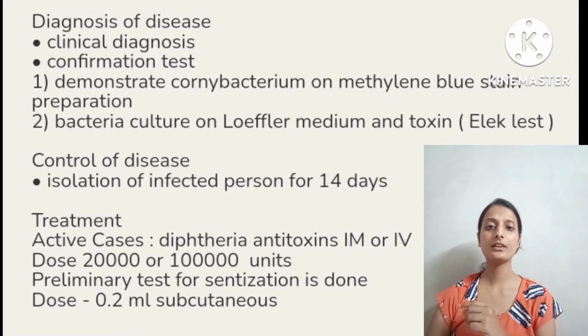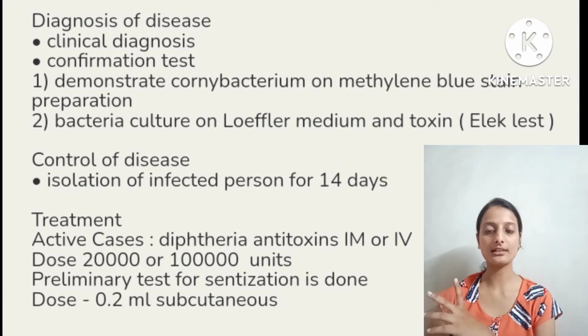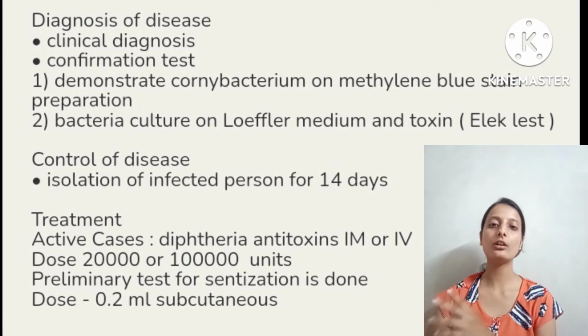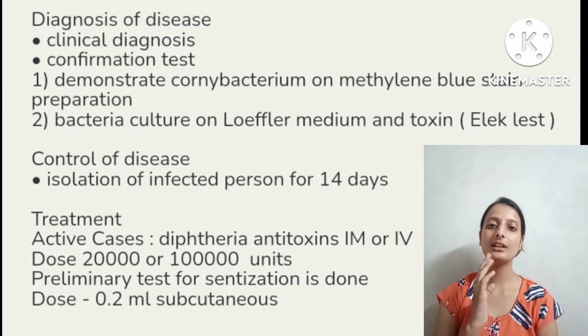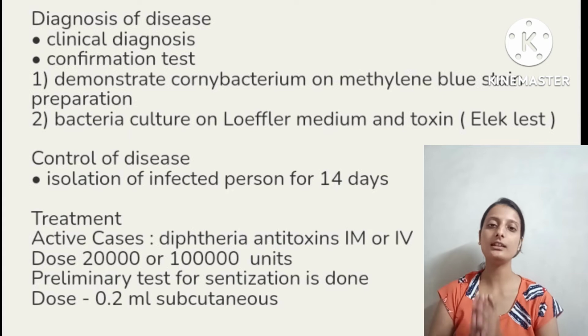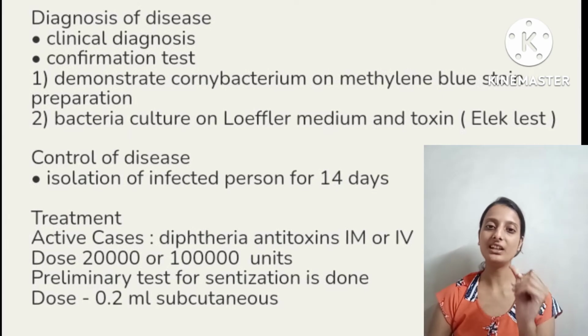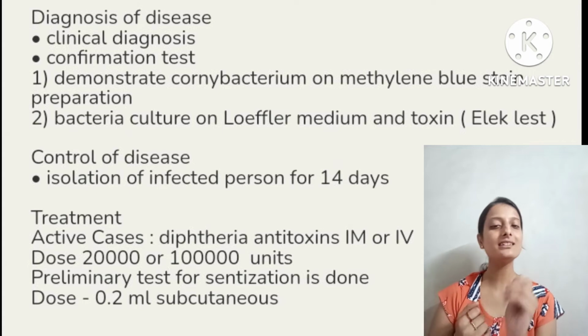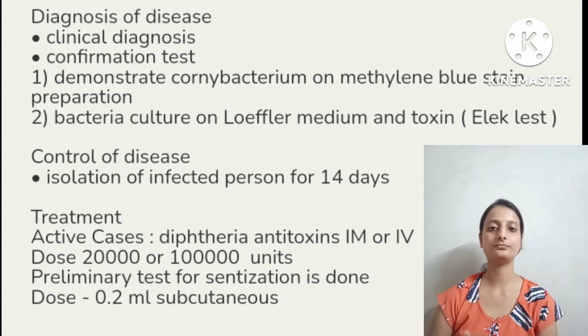In the cases, before giving the diphtheria antitoxin, we have to do a sensitization test. So a preliminary test is done for sensitization, in which 0.2 ml of diphtheria antitoxin is given subcutaneously to rule out sensitization.